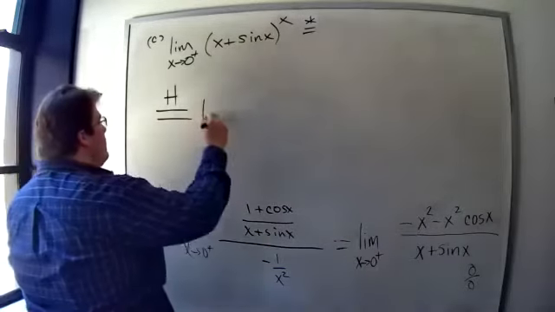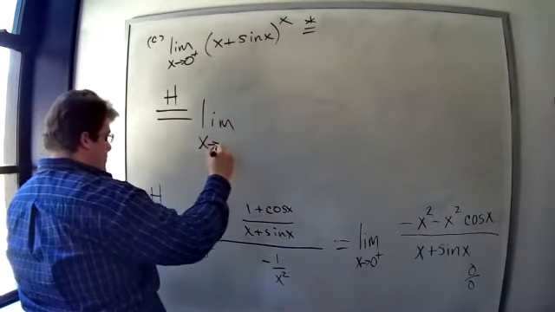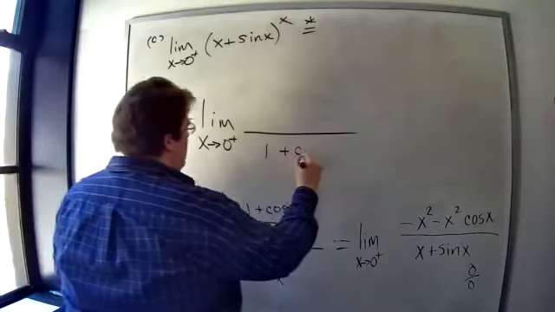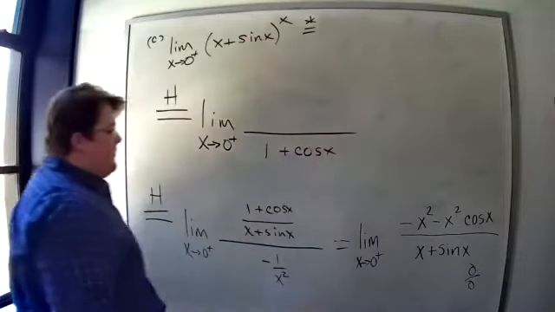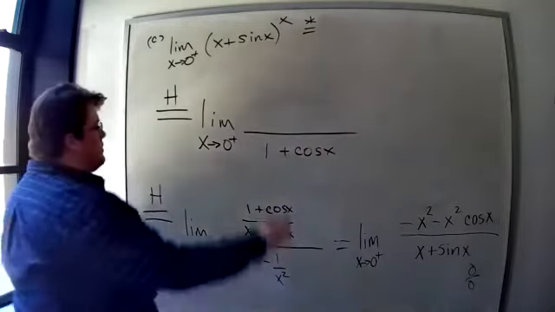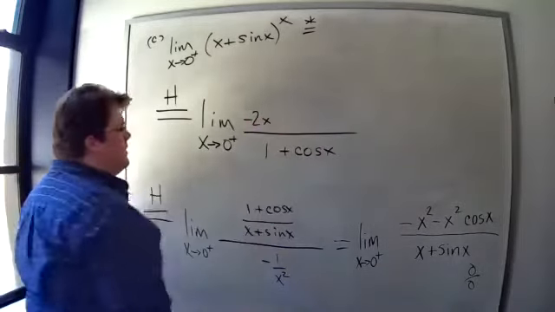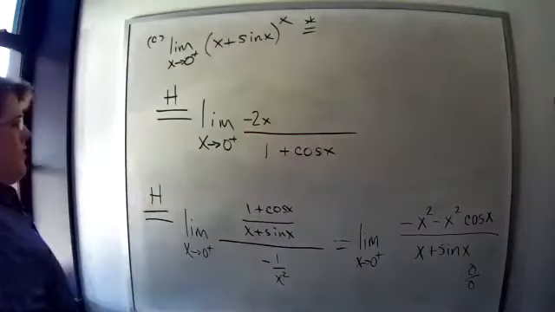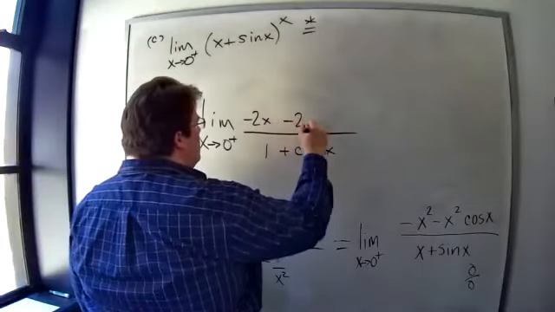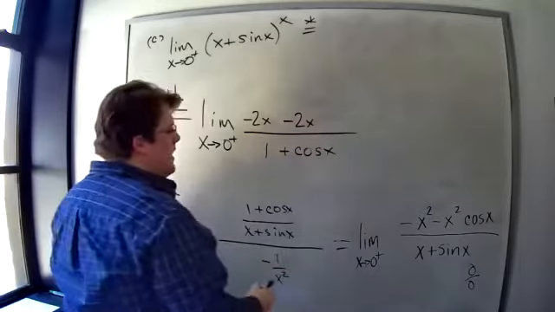Derivative of the bottom, 1 plus cosine. What about the derivative of the top? Negative x squared, derivative of that is negative 2x. But the other thing, we're going to need a product rule on. Derivative of x squared is 2x with a negative on it.